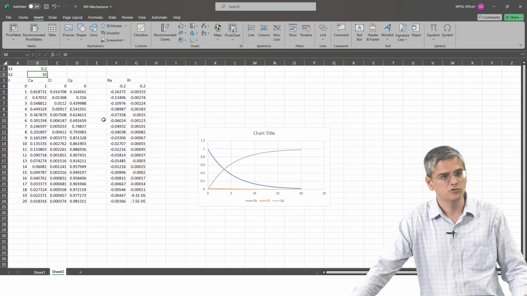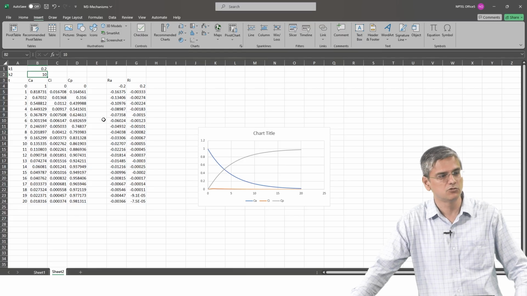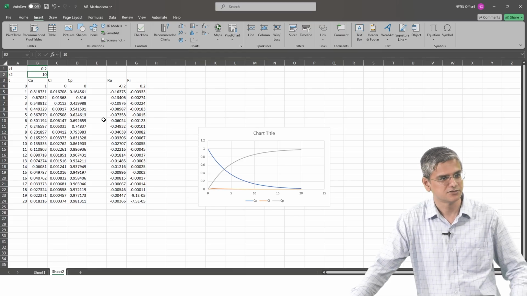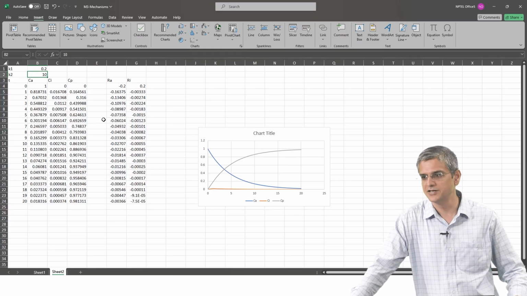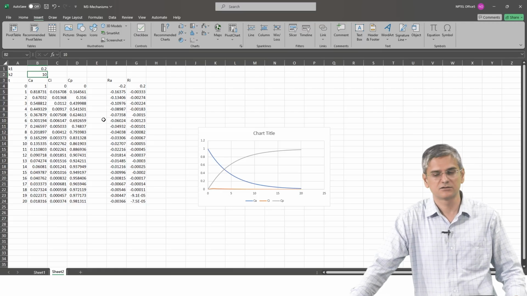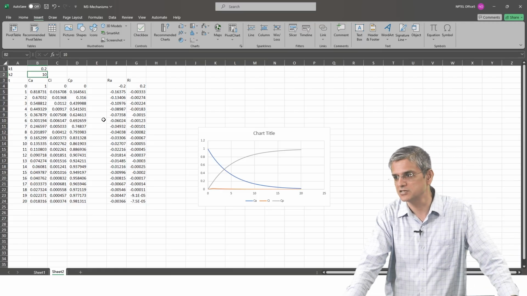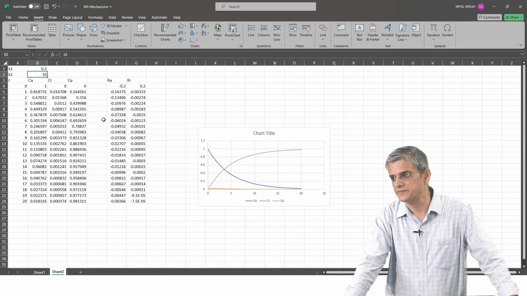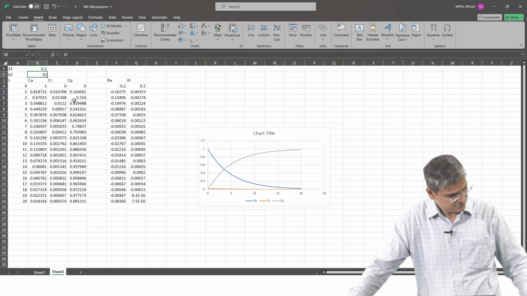If not, you have only learned how to solve those equations. You have not really understood what it means, right? So, we will have to go back and rethink various things that we have done. Okay.